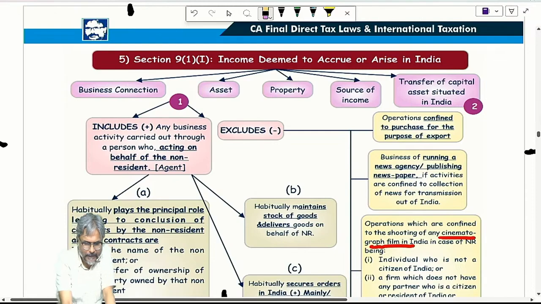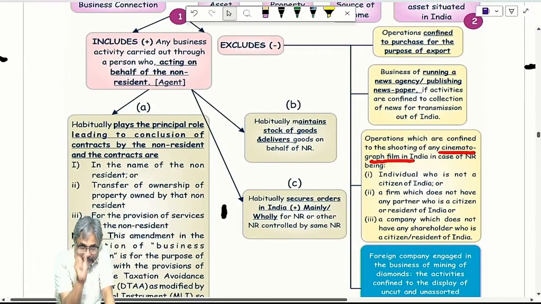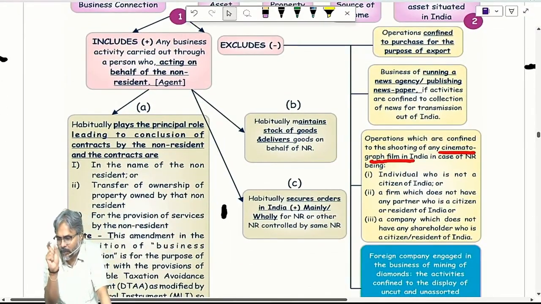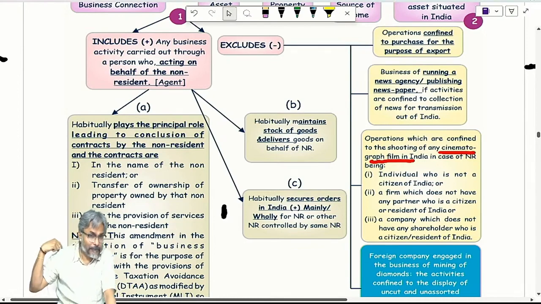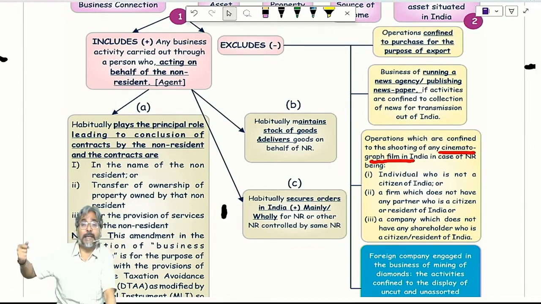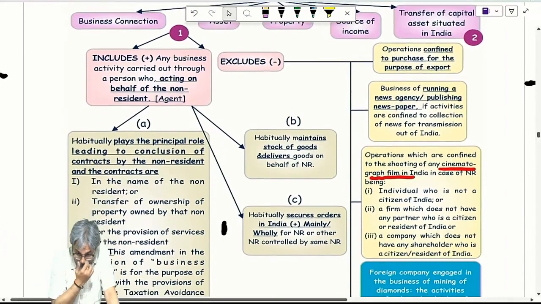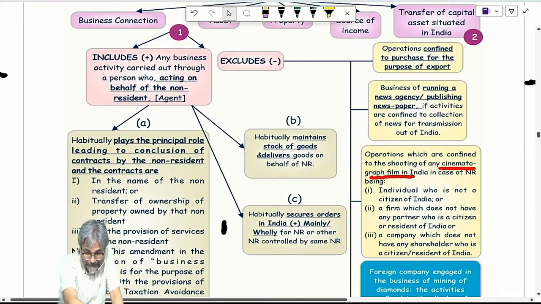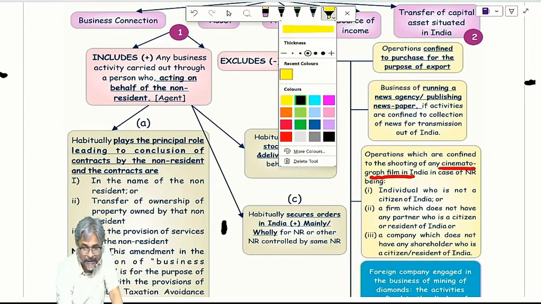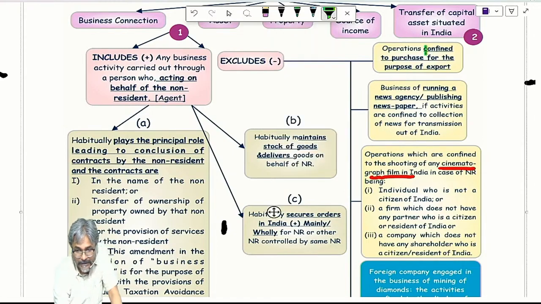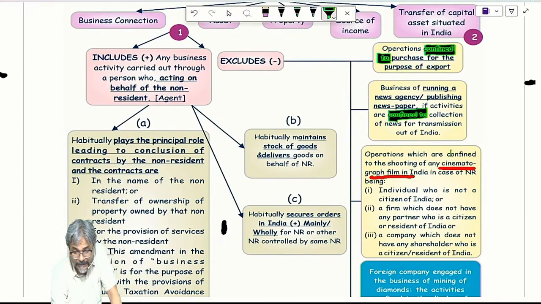Now, primarily the meaning of business connection which is given to us in the Act: the term has been included with something and excluded with something. So far as the exclusion is concerned, in all the cases they use the phrase 'confined to', that is, restricted to only this activity.